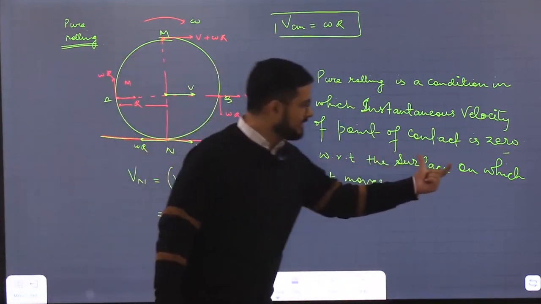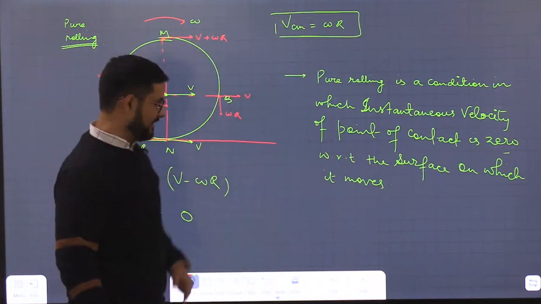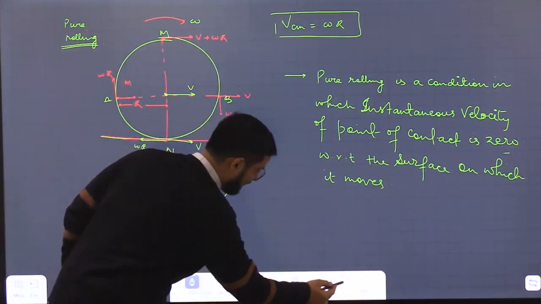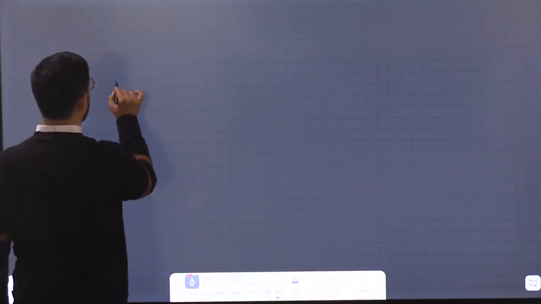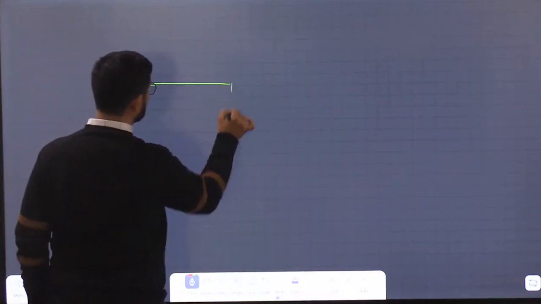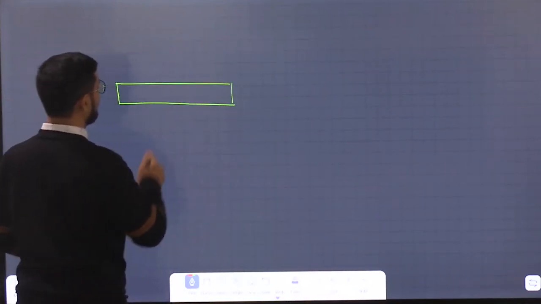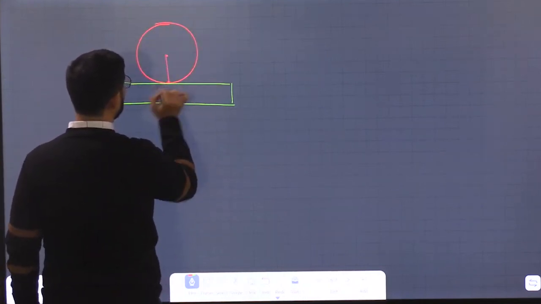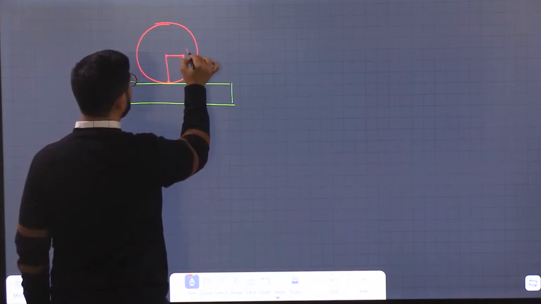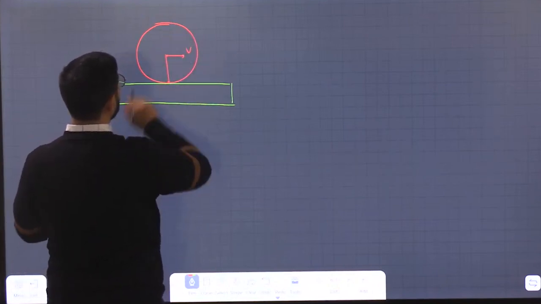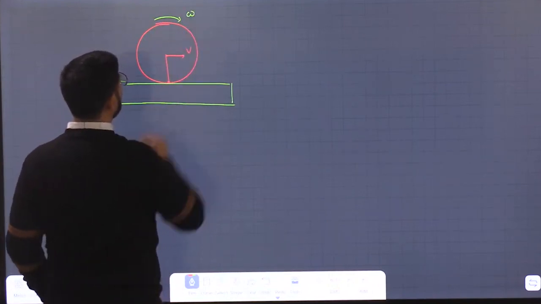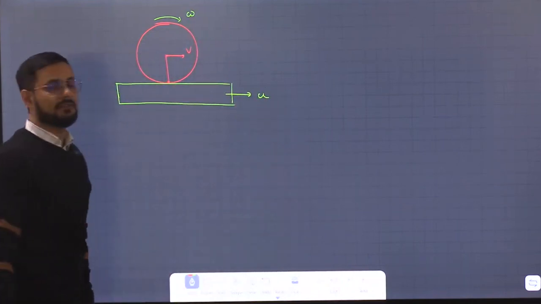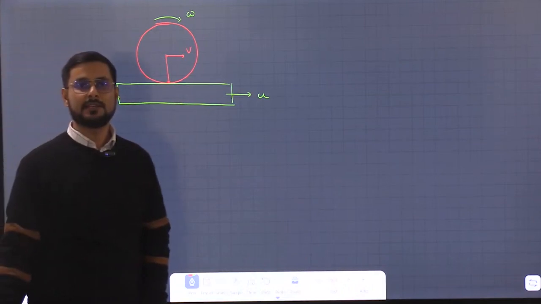Sir, can you clarify this additional statement, with respect to the surface? Yes. You can note it down and I can tell you why that statement is necessary. Suppose this is a platform on which this body rolls, right? It has velocity VCM equal to V. It rolls with angular speed omega, and this platform itself is moving with uniform speed u.